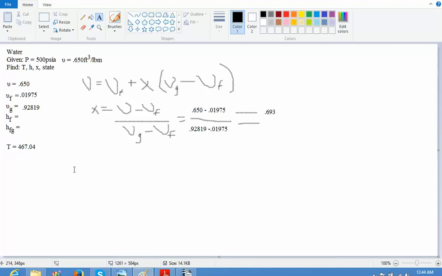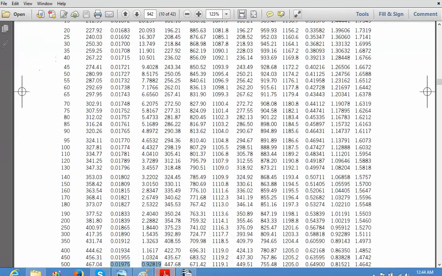So now we just have to find the enthalpy. The equation for enthalpy looks like this: enthalpy equals hf, plus x times hfg. So simple. You just go back to the table here and look up the enthalpy.